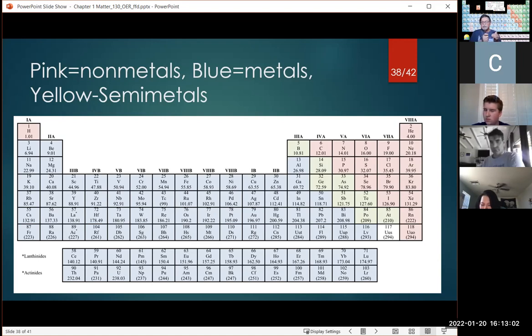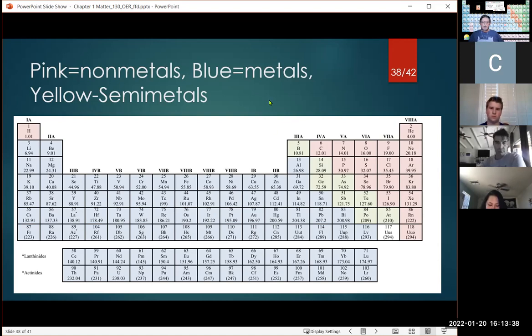But remember I said the driving force is to get that magical 8 number? By losing electrons, they get to that magic 8 number, 8 electrons around the shell. By gaining electrons, they tend to get to that magical 8. We'll get to that with time, but just remember that metals lose electrons, non-metals gain electrons.